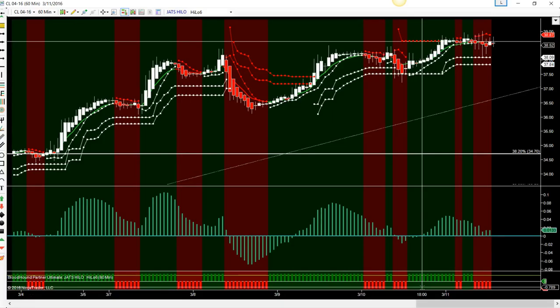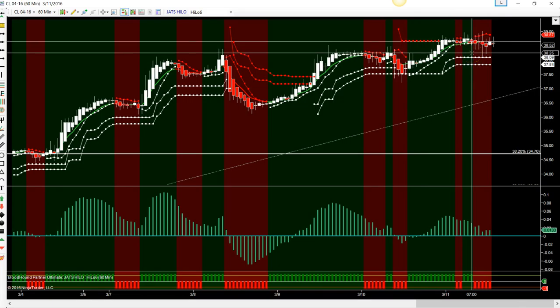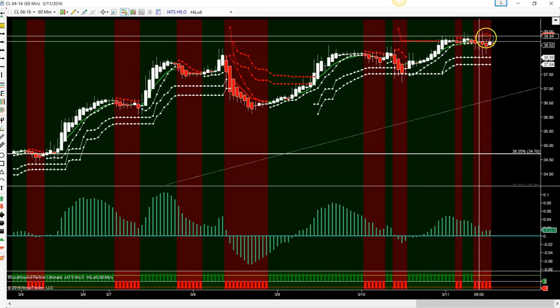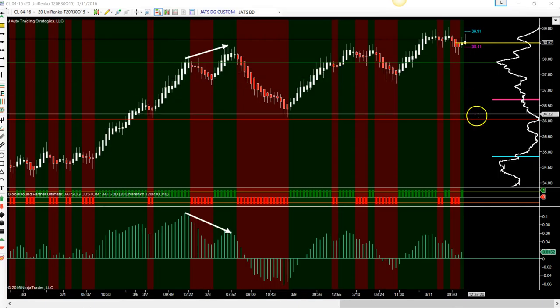But definitely we're in a state of indecision in the market, so we'll have to just be very careful until that rate decision comes out.